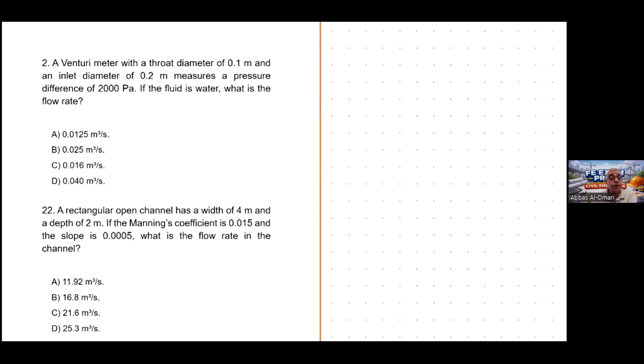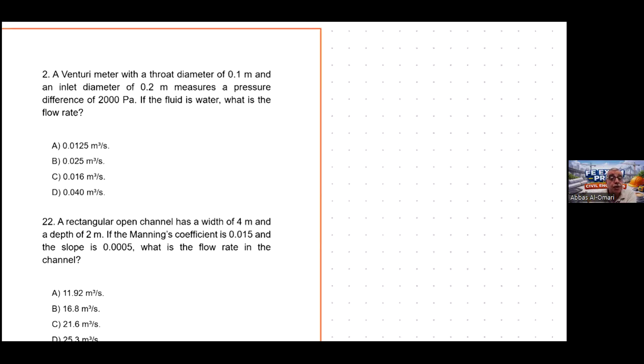A venturi meter with a throat diameter of 0.1 meter and an inlet diameter of 0.2 measures a pressure difference of 2000 Pascal. If the fluid is water, what is the flow rate? So a venturimeter is a device that calculates flow through pressure measurements.